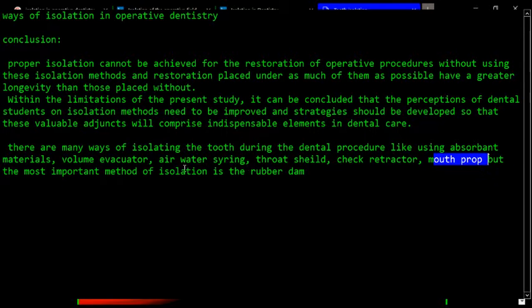But the most important method of isolation is using the rubber dam.